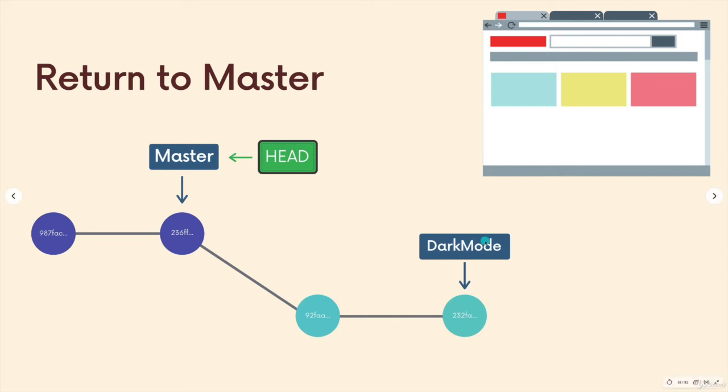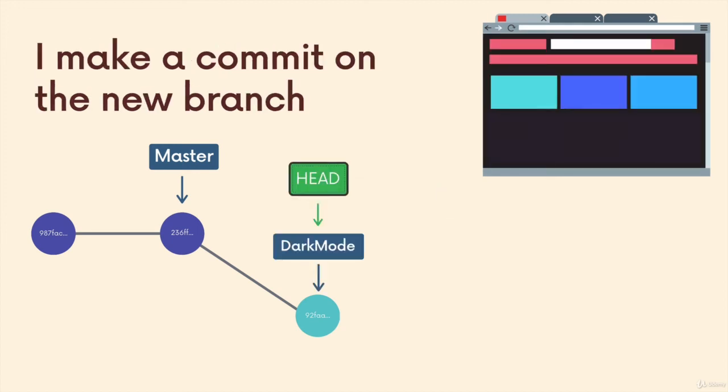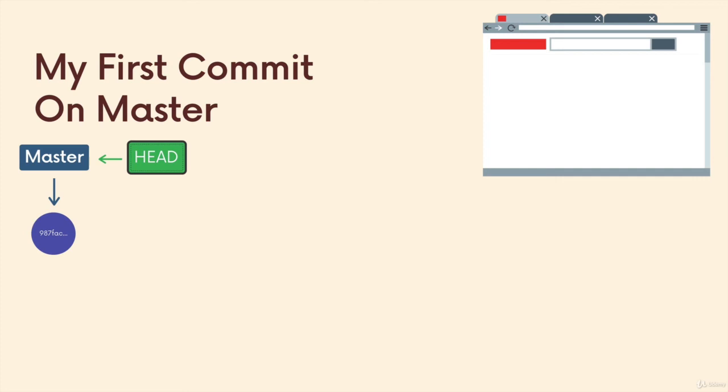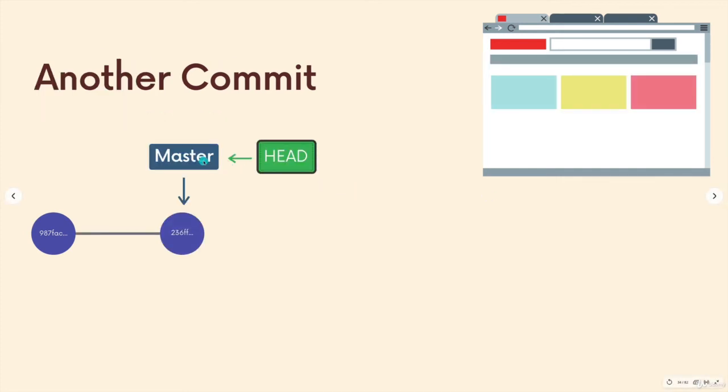So we could have hundreds of these different branches. Each branch has a branch reference pointing to where we left off. That's really the key takeaway here. A branch is just a reference to some commit. And as we make more commits, even if we're just on the master branch, I make a new commit, that master pointer now reflects that change. It updates to point to that new commit.